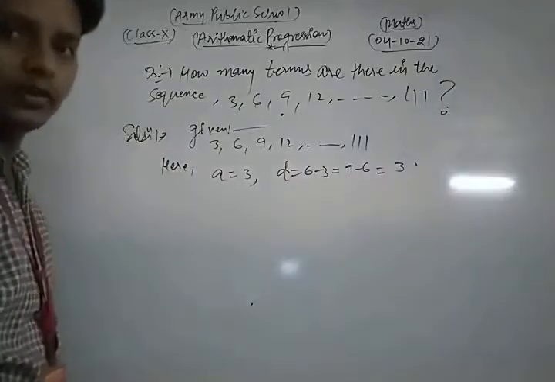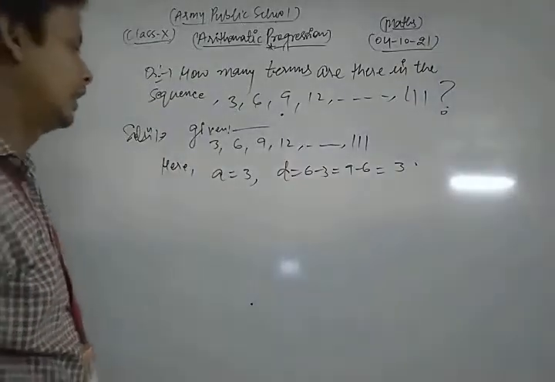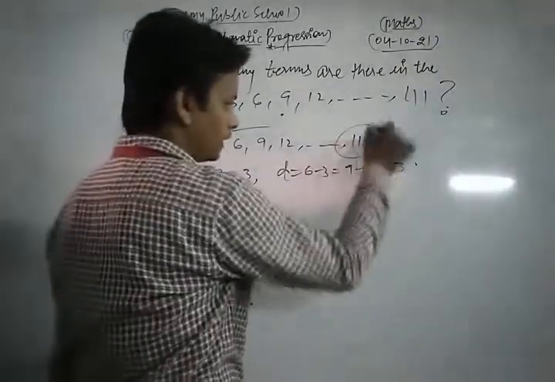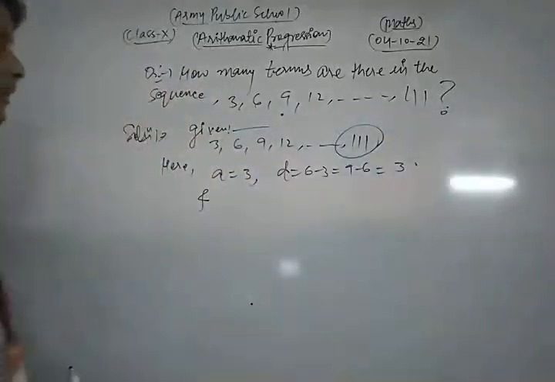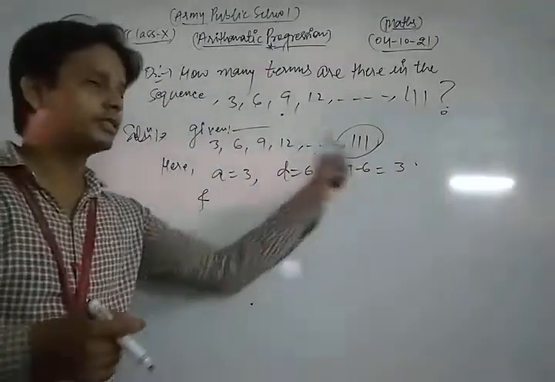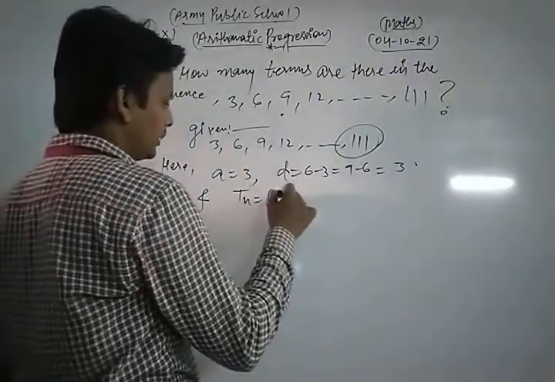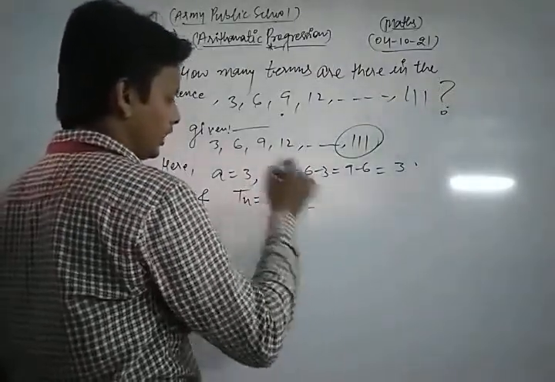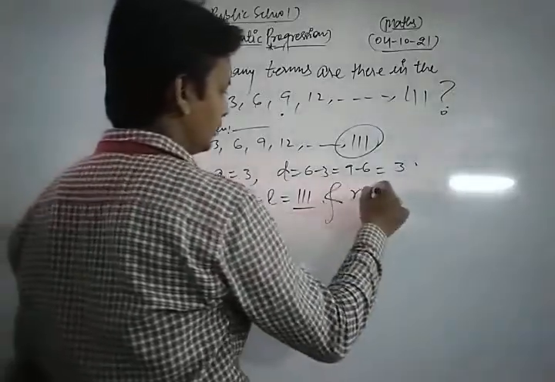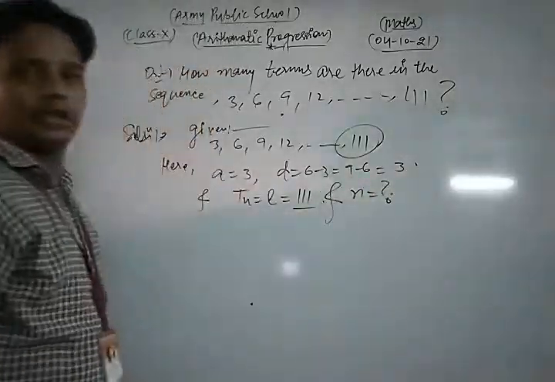This is the common difference of the given AP. Let the nth term of the given AP be the last term, equal to 111, and we find the number of terms. This is the question.